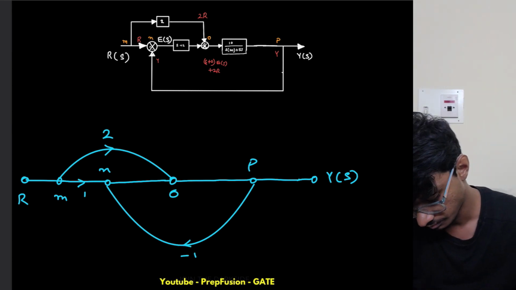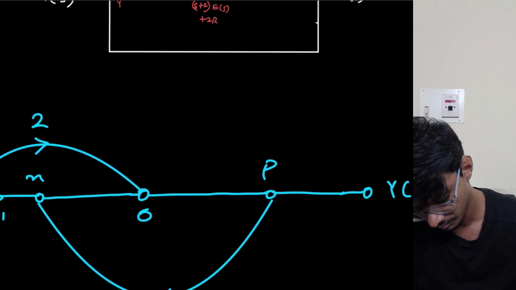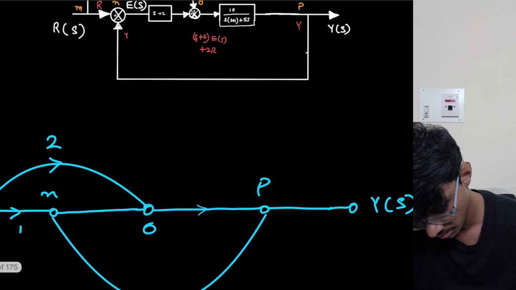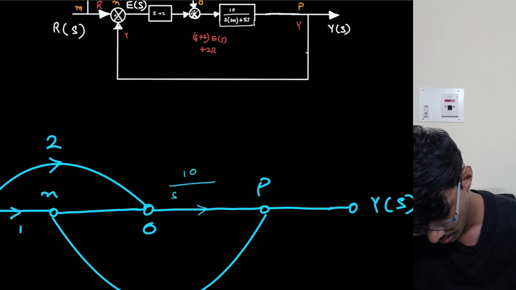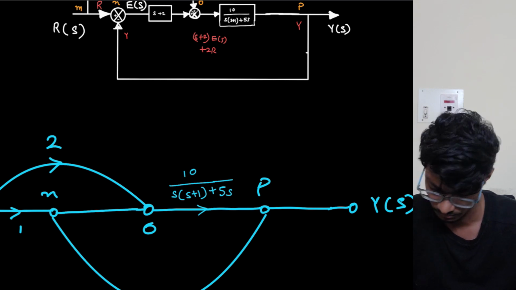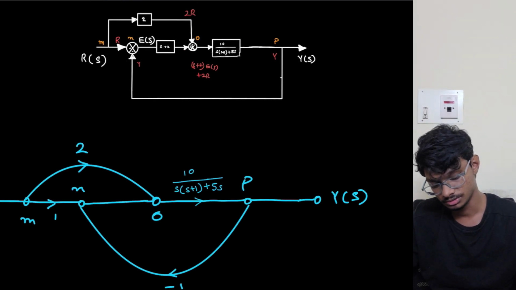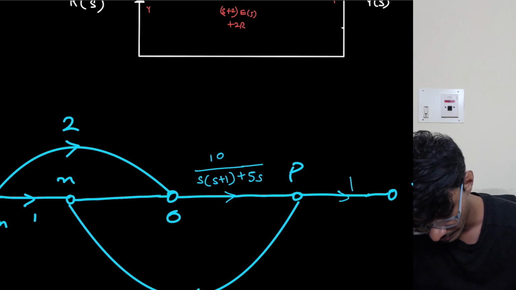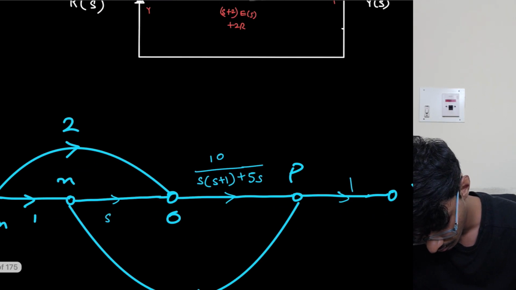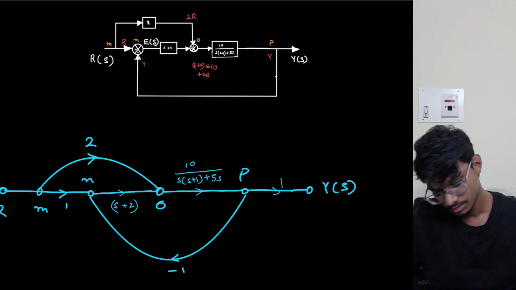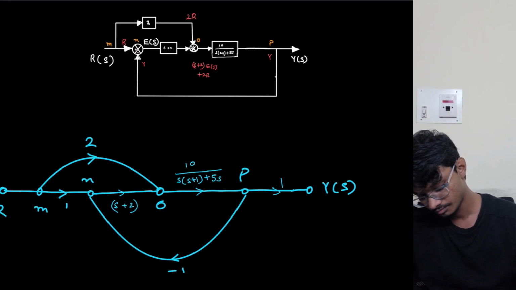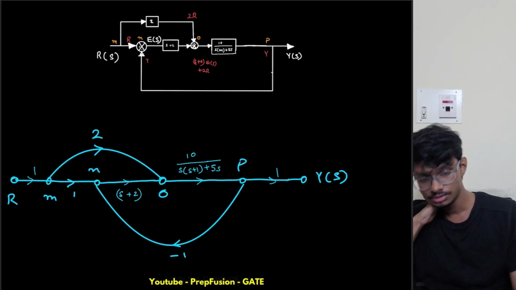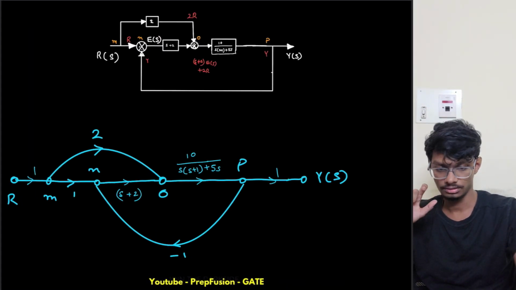Okay, so what we can write here is this as 10 by s plus 1 into 5 plus 5, right? So this is that gain and this is 1 only. Okay, and from N to O we have a gain of s plus 2, right? So yeah, this is 1 also, this is 1, right? So yeah, so what will be the overall transformation?